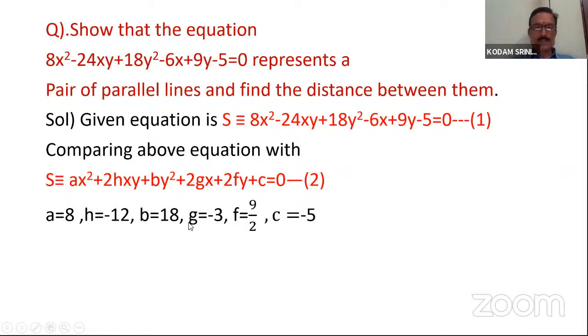Similarly, h equals minus 12, b equals 18, g equals minus 3, f equals 9 by 2, and c equals minus 5. Let us substitute all these values in our condition.